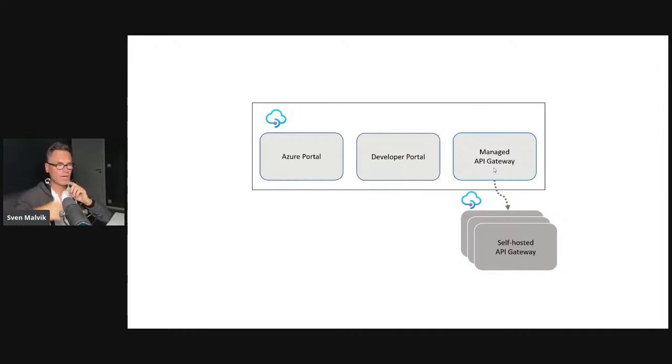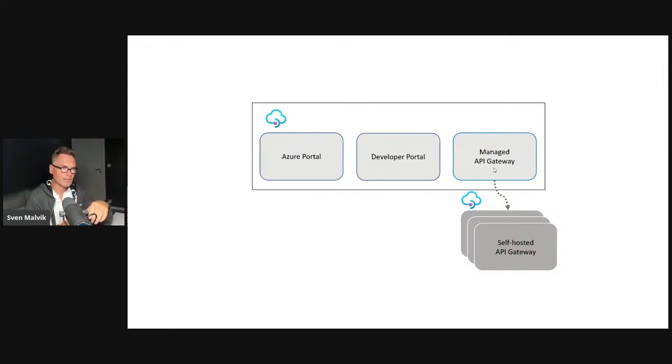Let's take a very absurd case. You have a client in Japan that calls a backend service also in Japan, but the Azure API Management instance is in Europe. So the request would go from Japan to Europe and back. So there's of course a lot of latency involved.